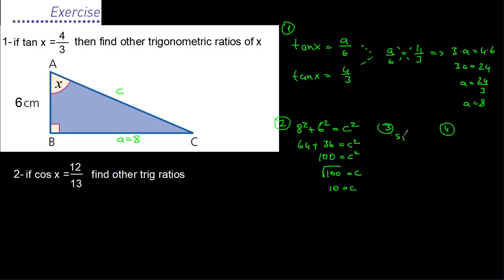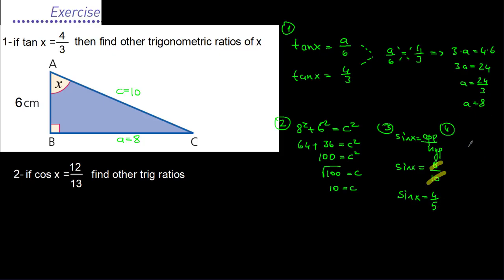This is the first one, this is the second one, and now the third and fourth ones. Sine of x is opposite over hypotenuse, opposite is here 8, hypotenuse we found 10, so it's equal to 8 over 10, but we can simplify by 2, which means sine x is equal to 4 over 5.